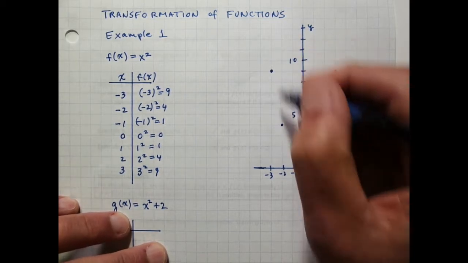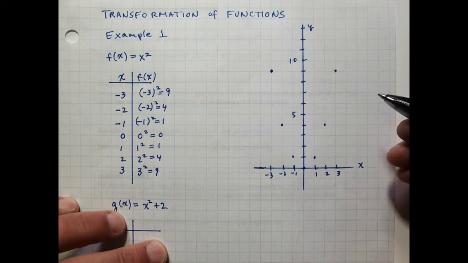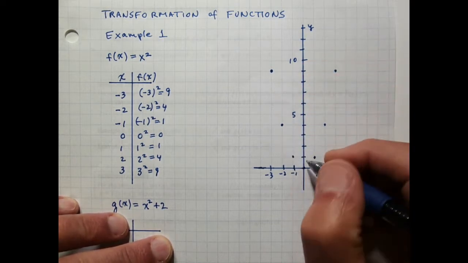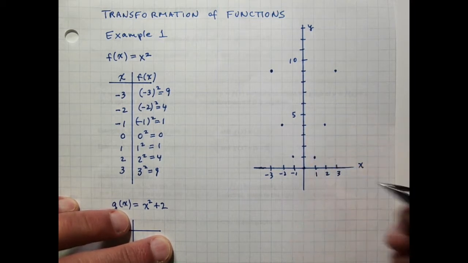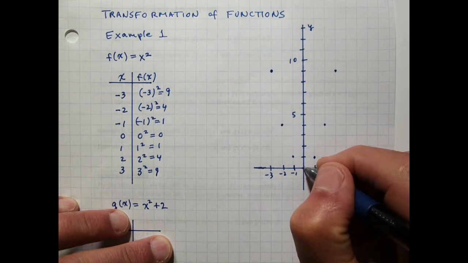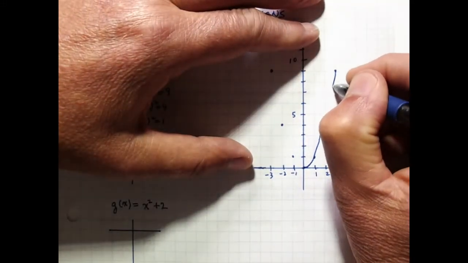And now, of course, there are many, many more points on this graph, and it's really only by having looked at more detail that I know the shape of the graph is a curve. I'd say the curve is not obvious from these few points, but when you fill in more points, you see that we get this nice U-shaped curve.